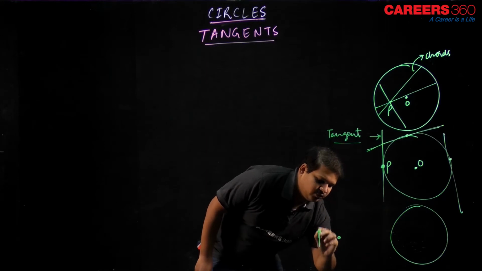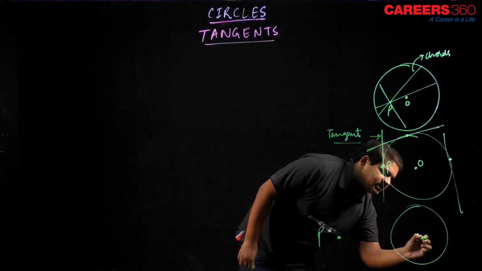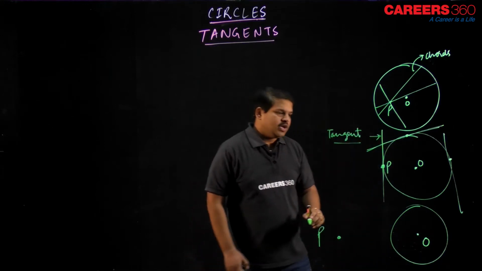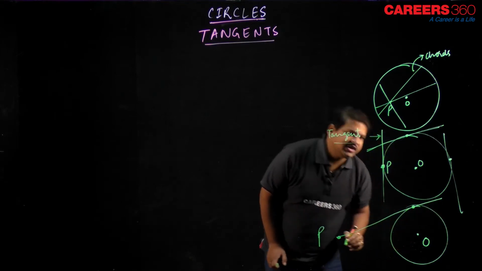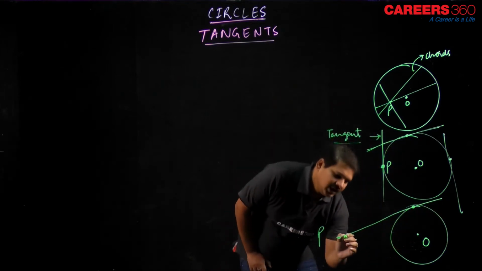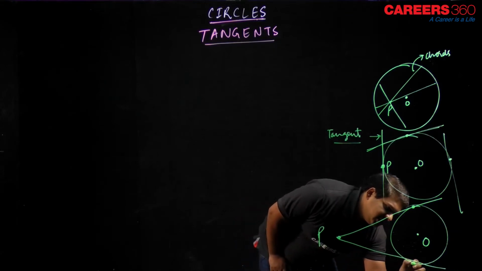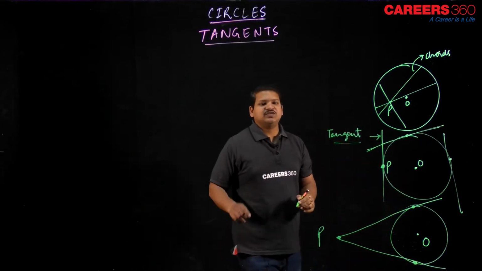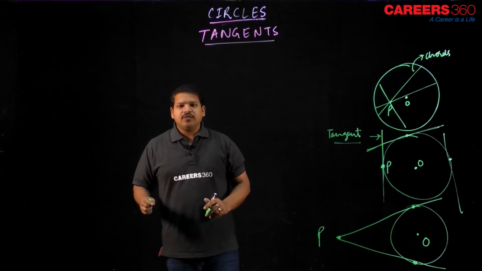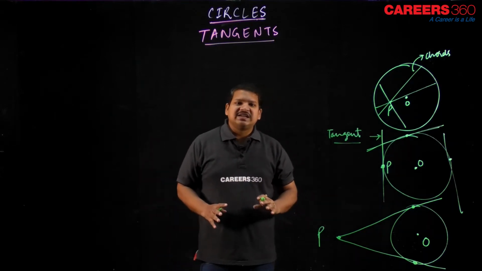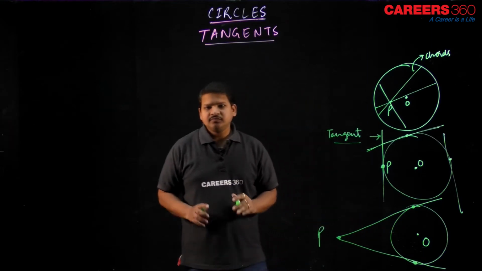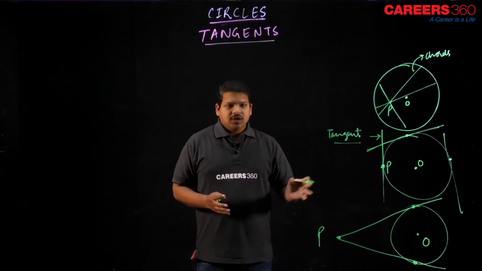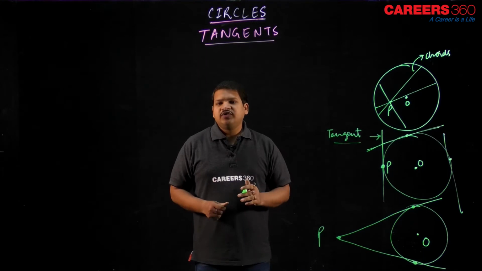Let's say this is my point P and this is my circle with the center O. As you can see, we can draw one tangent right over here and another tangent right over here as well. So if the point is outside the circle, two tangents can be drawn.